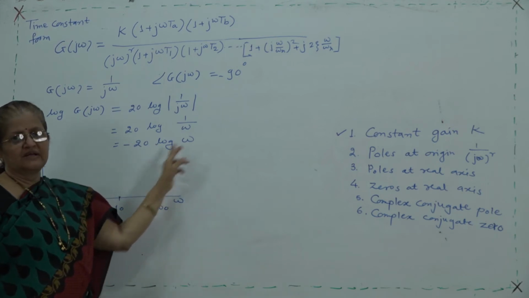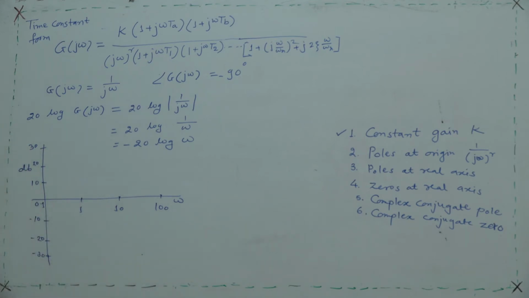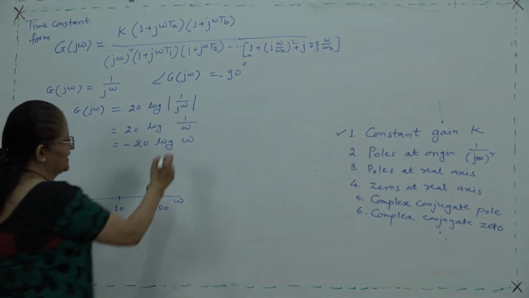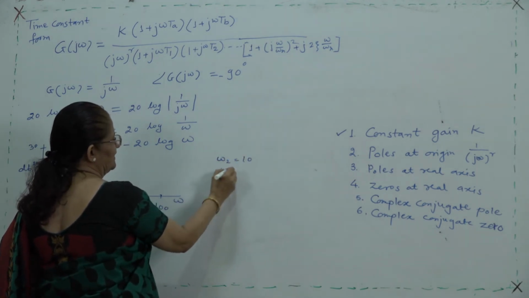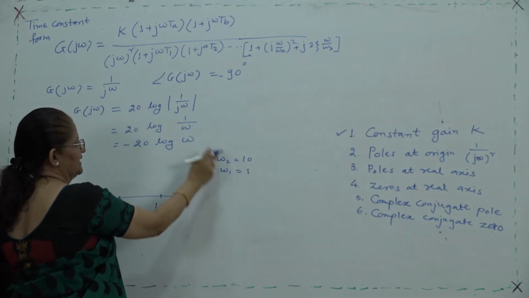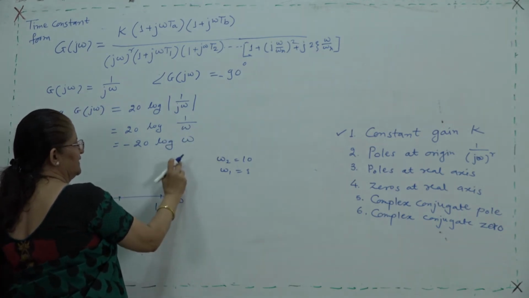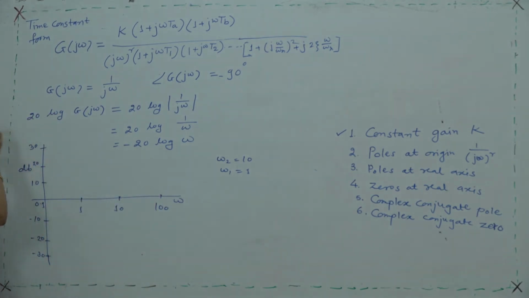So, minus 20 dB per decade is the slope of the line. See here, if omega 2 is 10 and omega 1 is 1, the ratio we will get is 10. So, this is 1 and minus 20, meaning that with the slope of minus 20 dB per decade, the line will pass at omega equal to 1.